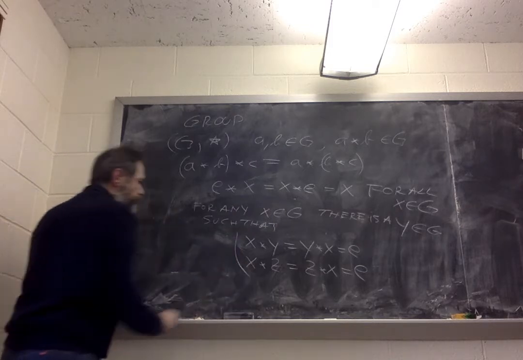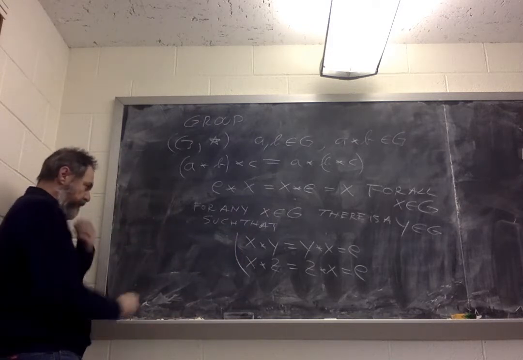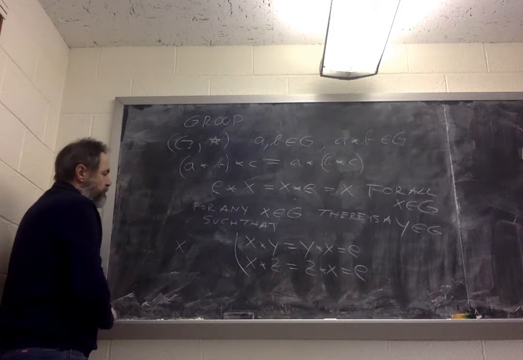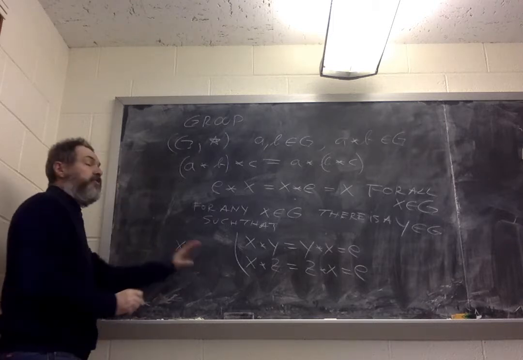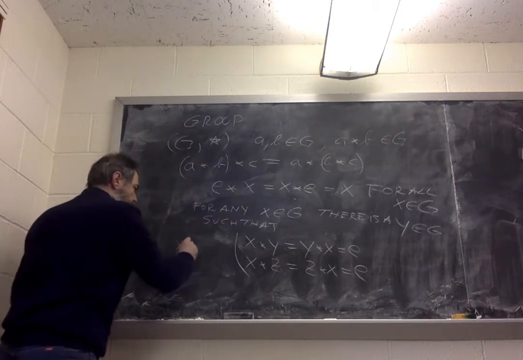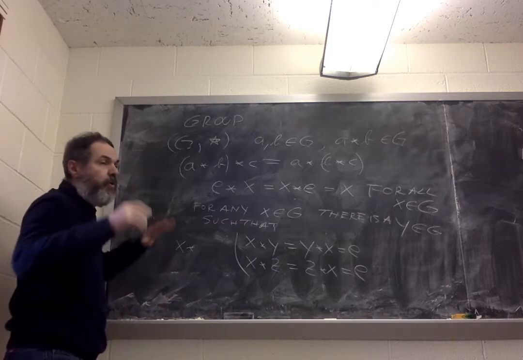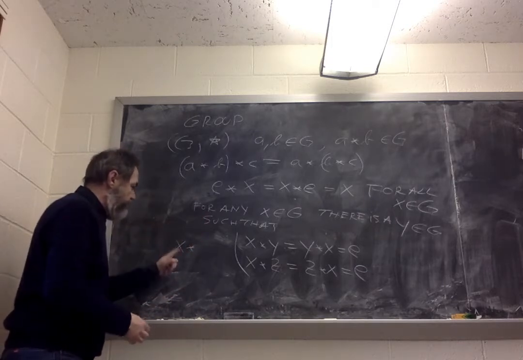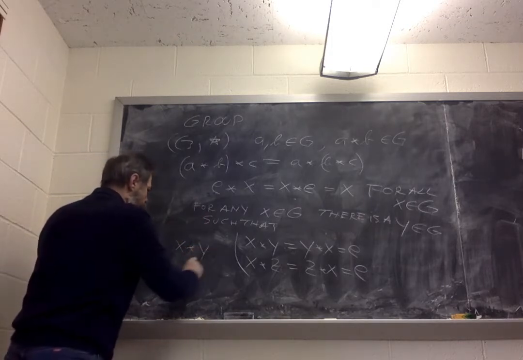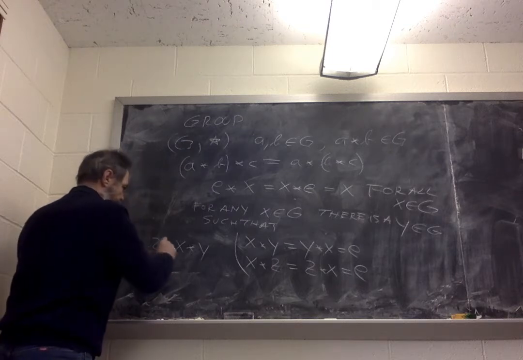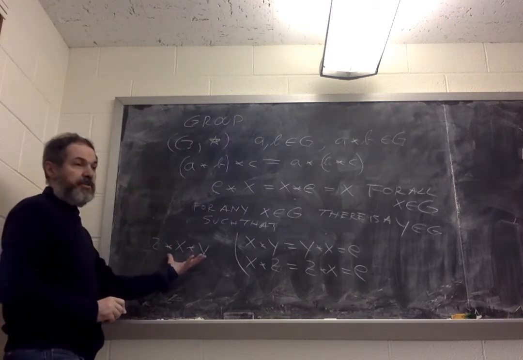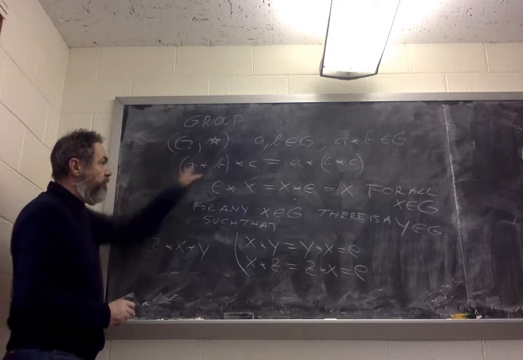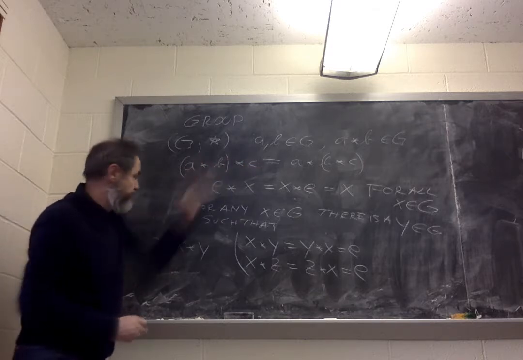Then what we do is, let's compute the following. I have to be careful in which order I put them, because this is not assumed to be a commutative group, but x times y times z. Let's just compute this element. We can compute, as I said, in two different ways. We get the same thing.